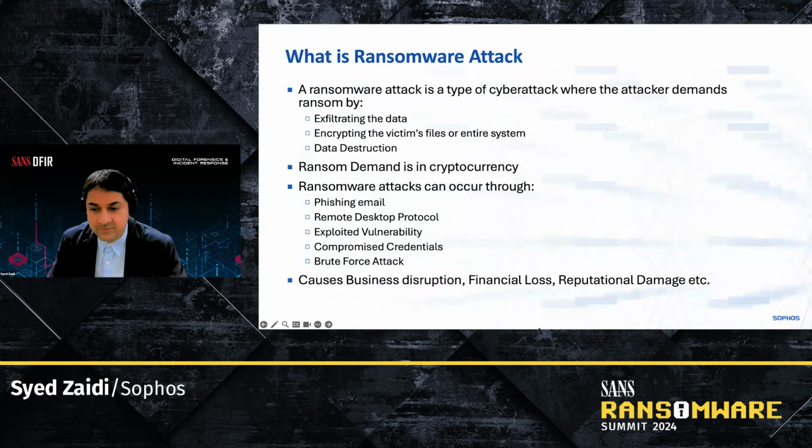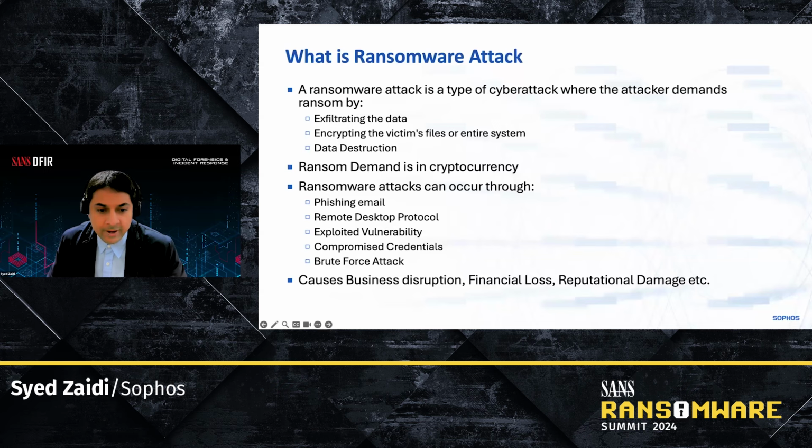Okay, so first of all, I want to set the scene by explaining what a ransomware attack looks like. The threat actor comes in, they take your data, they encrypt the machines, and they destroy data as well. You may see all three of them, or you may see one of them. But anyhow, that means you are under a ransomware attack. They demand payments in cryptocurrency, so you have to be aware of that beforehand.